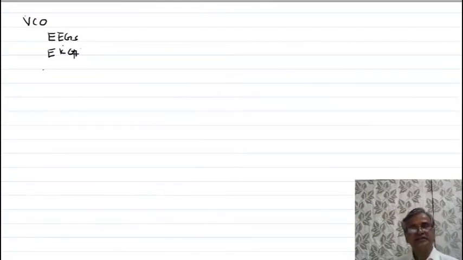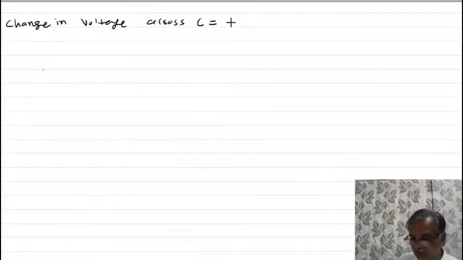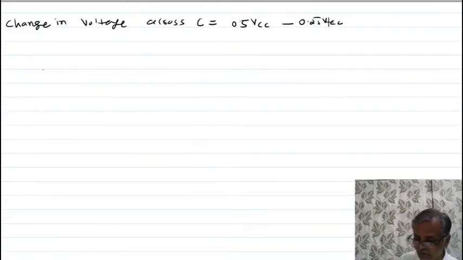Now let us see the derivation of the frequency fO for a VCO. The change in voltage across the capacitor, as I already told you, is from 0.5 VCC to 0.25 VCC. So this change in voltage across the capacitor is 0.25 VCC.